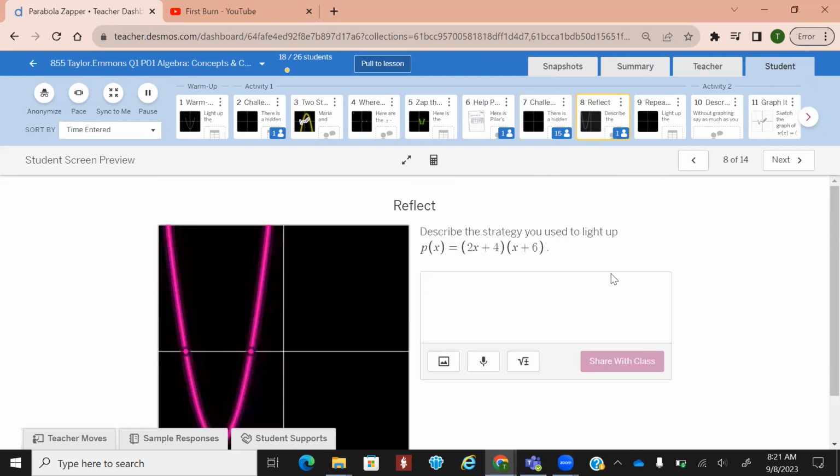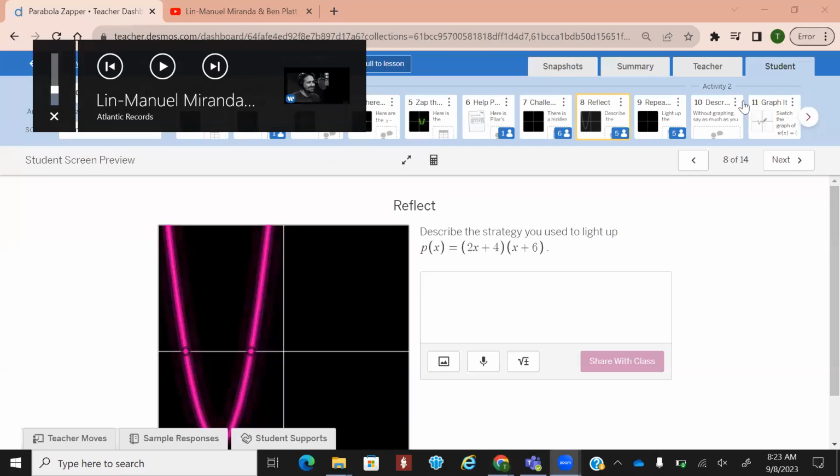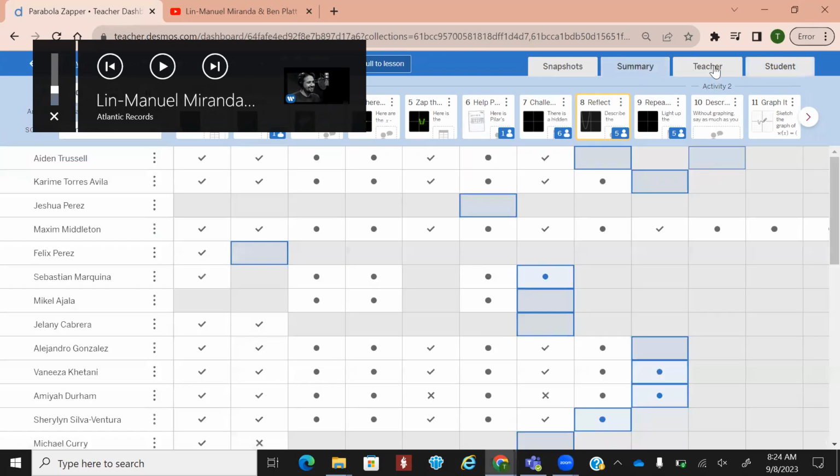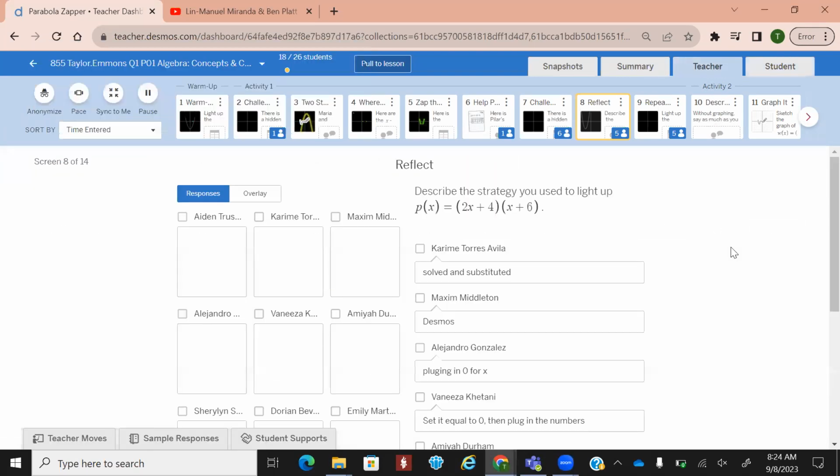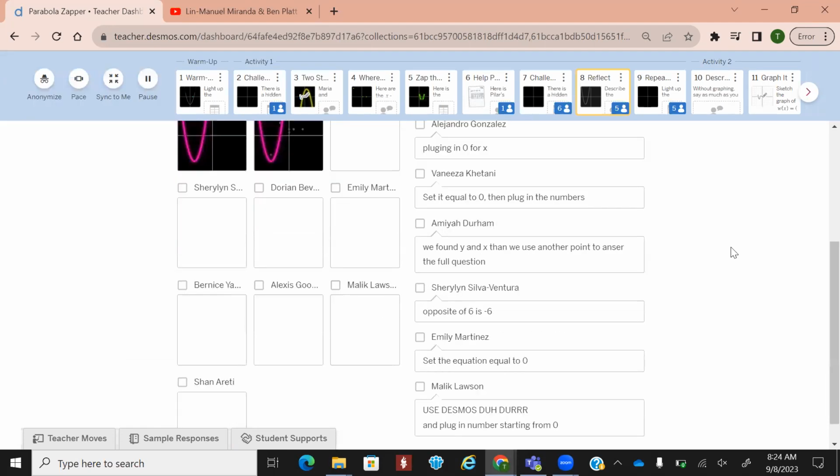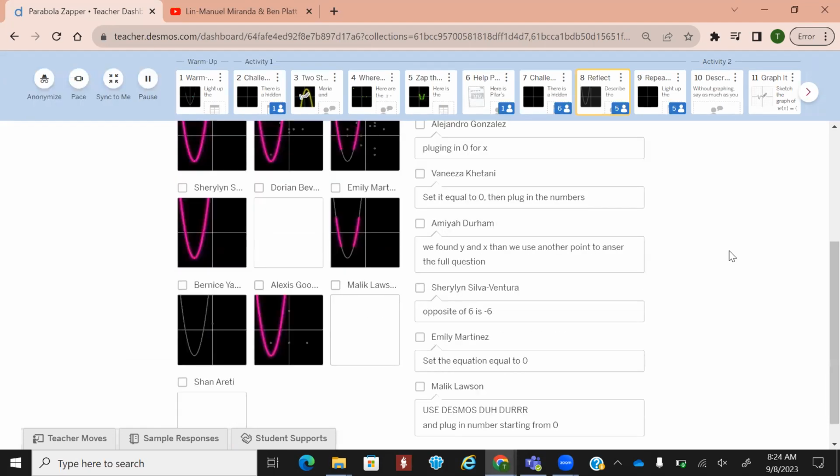So describe the strategy we used in order to graph that. Take a moment. What strategy did y'all use? What did we do? Yes, Sean.